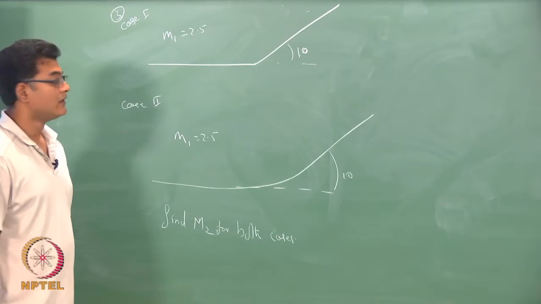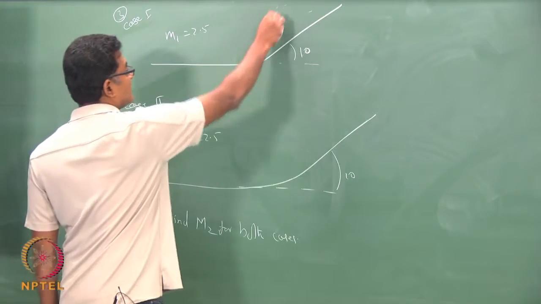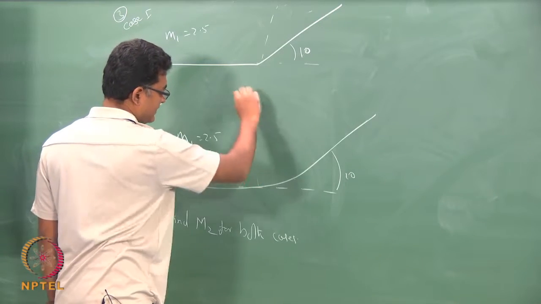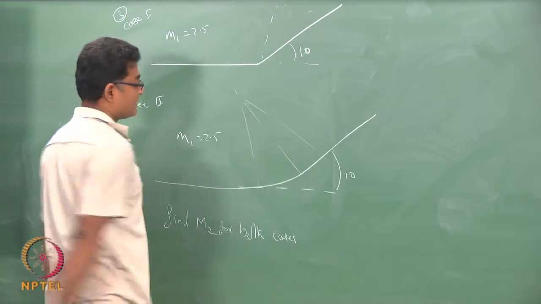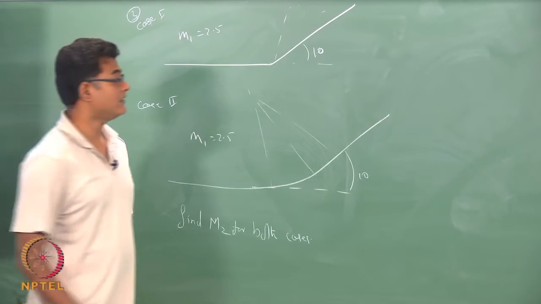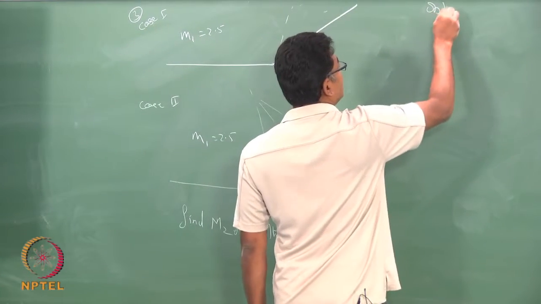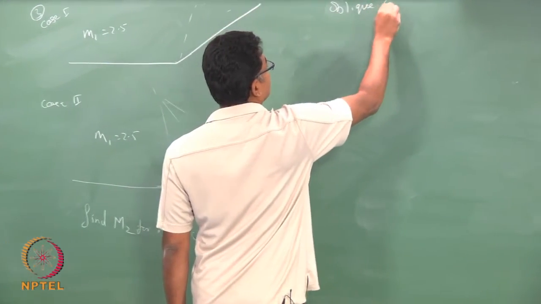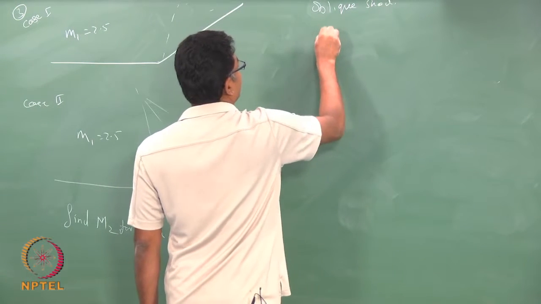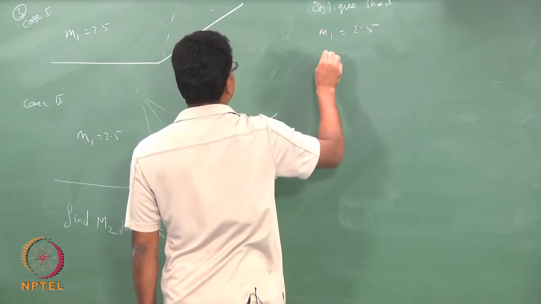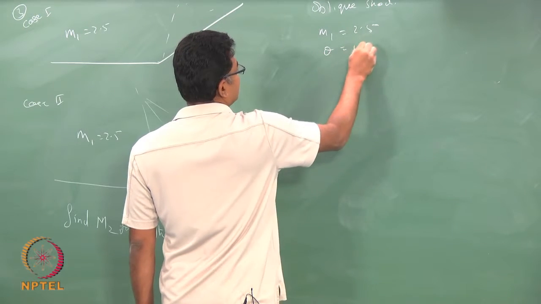Okay. So, in the first case we have a shock, in the second case we have a Prandtl-Meyer compression. So, oblique shock. M1 is 2.5, theta is 10.